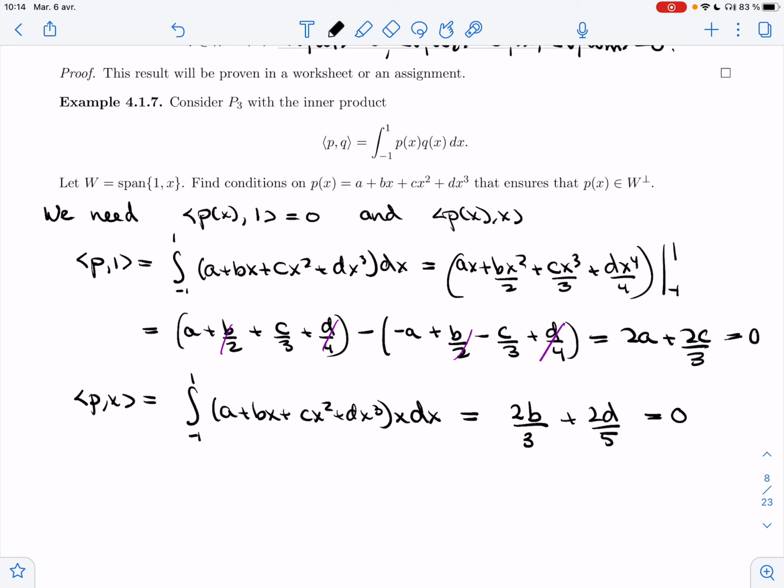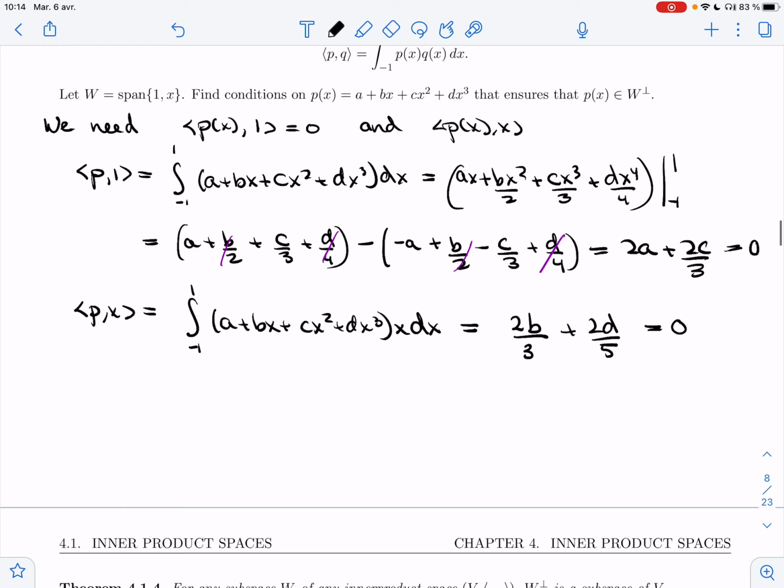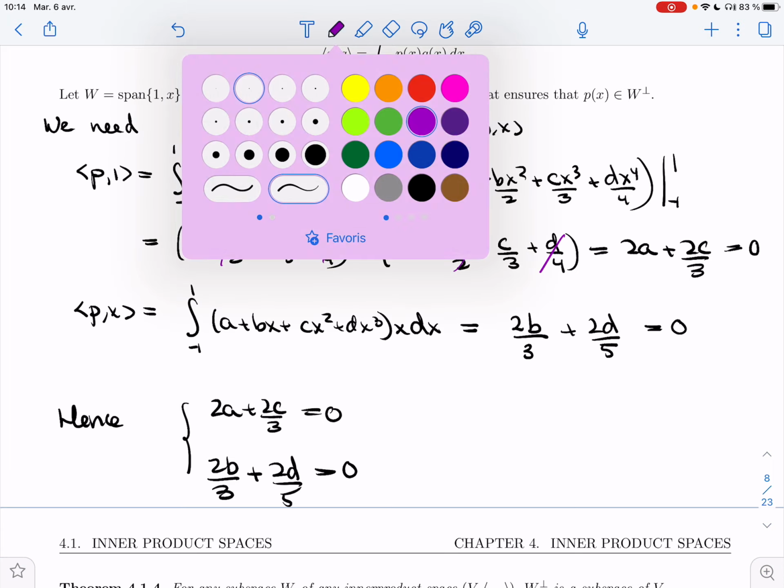That must be 0 as well. Okay, so I need this to be 0, I need that to be 0. Hence, we need 2a plus 2c on 3 equals 0, and we need 2b on 3 plus 2d on 5 equals 0. And that's it.